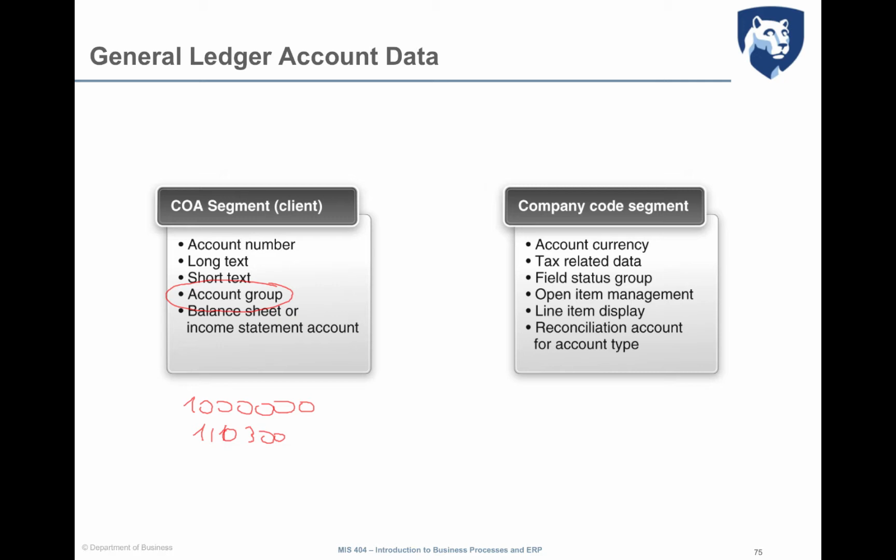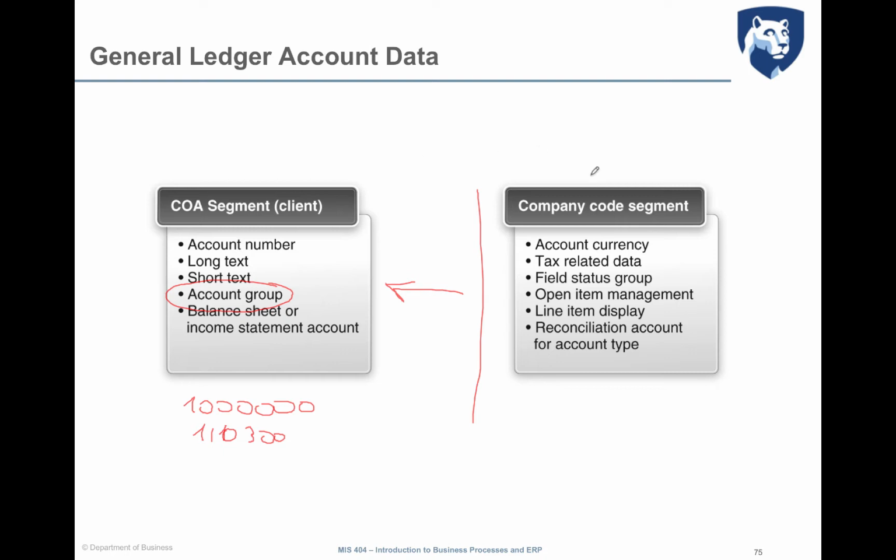Then we have also the company code segment. The company code segment instead includes all the information about the company for which we want to collect information. Of course, although the account in the chart of accounts can be used by more than one company, each company can use the chart of accounts in a different way. So here we need to specify how the company we are considering uses the chart of accounts which is included in the general ledger.